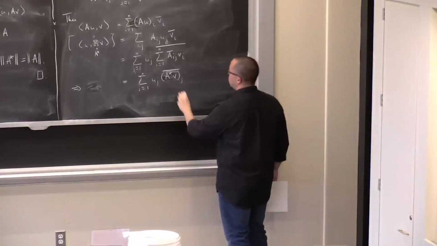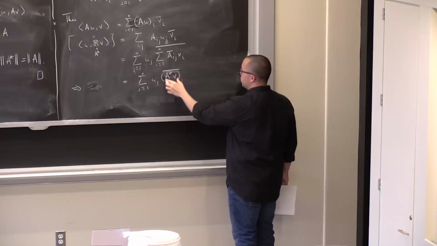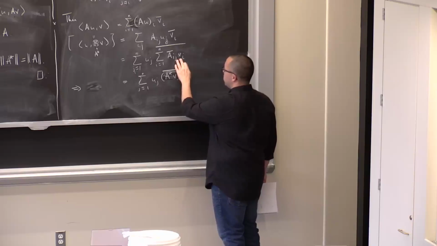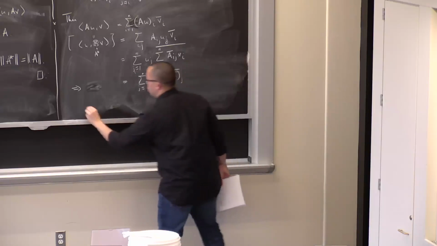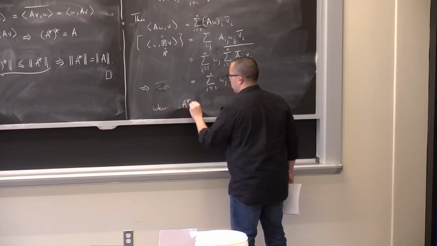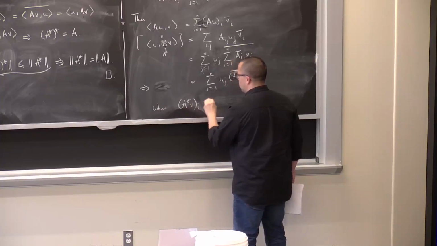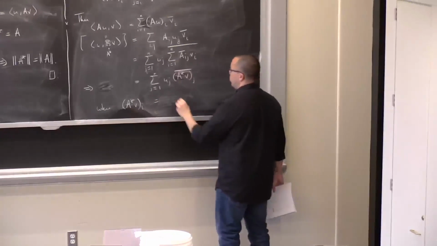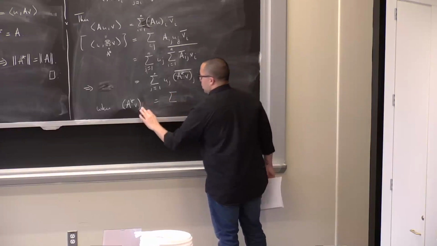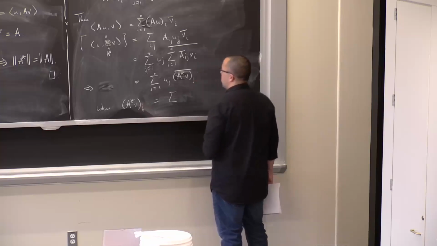Where, what is the adjoint? How does the adjoint operate on an element V? Let's say I want the ith member now.